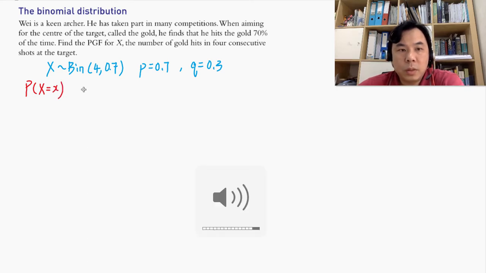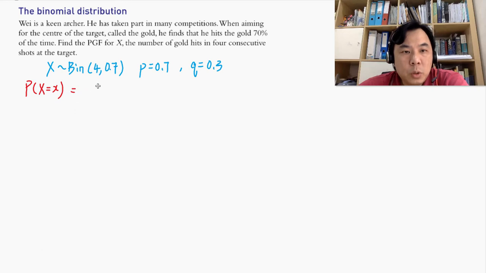Right, it can be written as such. Let me write it down here. Now that would be equal to, in this case it is a 4, so I'll just write down a 4. So this is given by 4 choose x, multiplied by the probability of success to the power x, and then the probability of failure here, to the power 4 minus x.